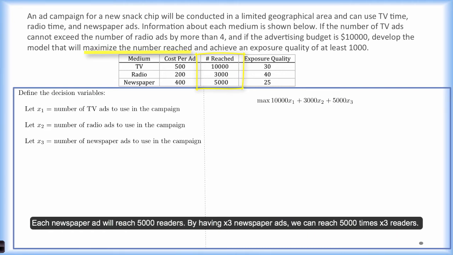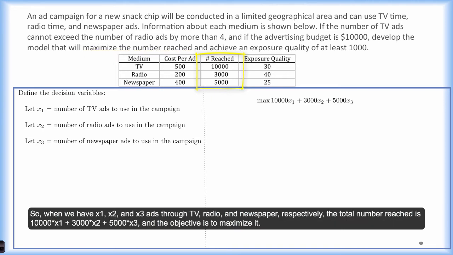Each newspaper ad will reach 5,000 readers. By having x3 newspaper ads, we can reach 5,000 times x3 readers. So, when we have x1, x2, and x3 ads through TV, radio, and newspaper respectively, the total number reached is 10,000 times x1 plus 3,000 times x2 plus 5,000 times x3.